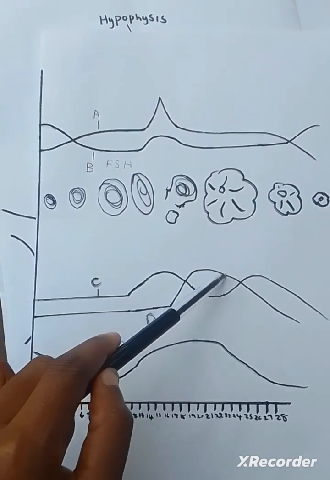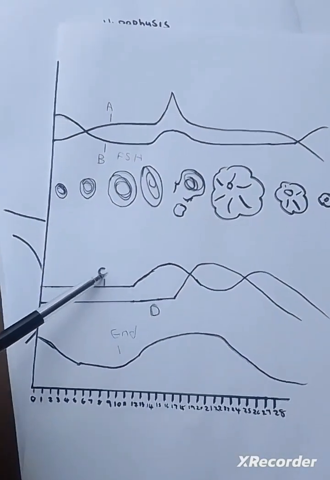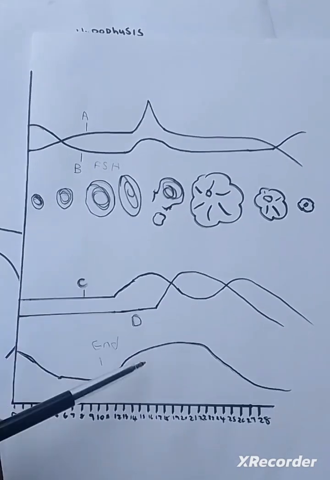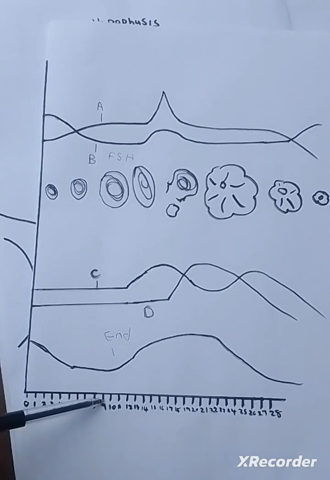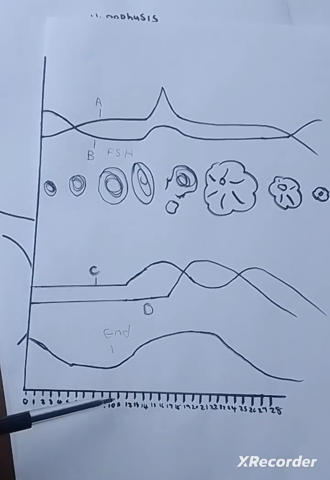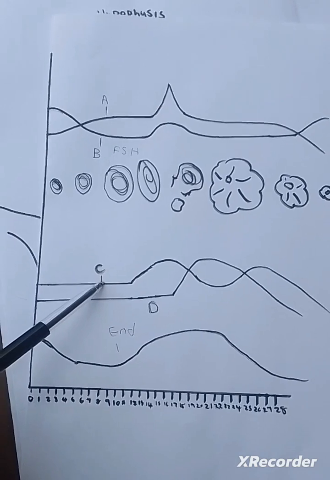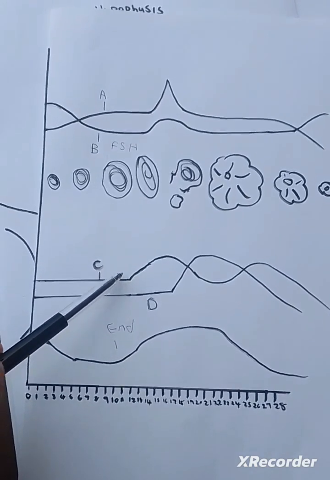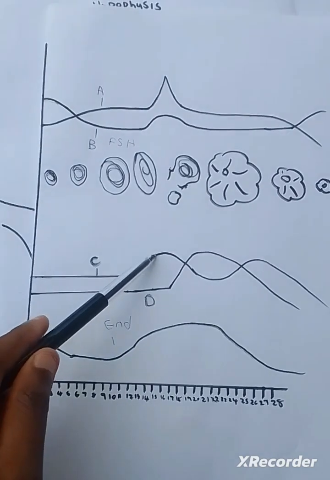So D is progesterone. Describe the relationship between the level of hormone C and the endometrium from day 9. Let's look at day 9 to day 13. What's happening to the level of hormone C, estrogen? You write it in point form. C is estrogen, and from day 9 to 13 it rises. Why does it rise?